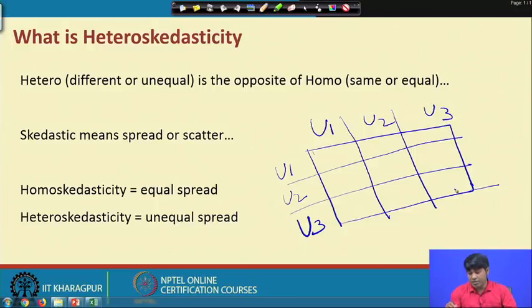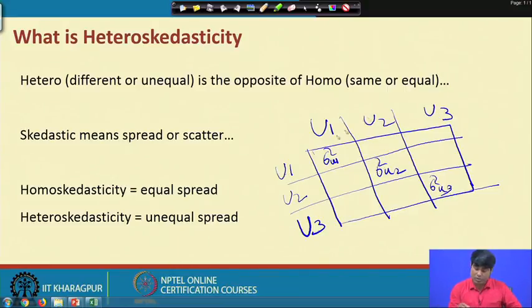You will find the diagonal elements are error variances: sigma square u1, then sigma square u2 because it is between u2 and u2, and then sigma square u3, that is between u3 and u3. In the rest of the places we will have covariances.